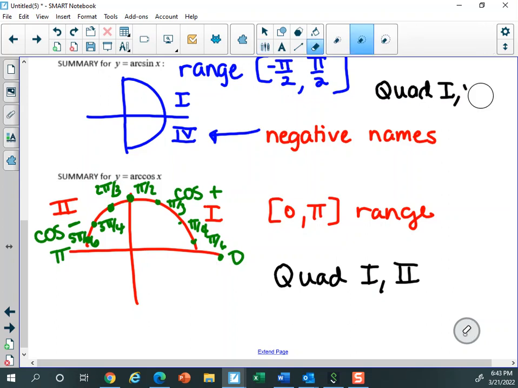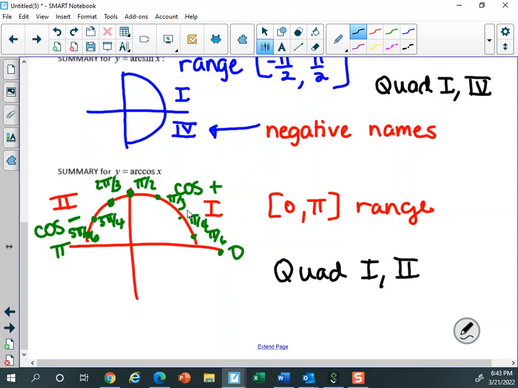The other part of being able to come up with these answers is knowing how the values and angles match up. Knowing the ordered pair for each of the angles, or at least the first quadrant angles, because then you can transfer them to their other quadrants with adding negatives in there.